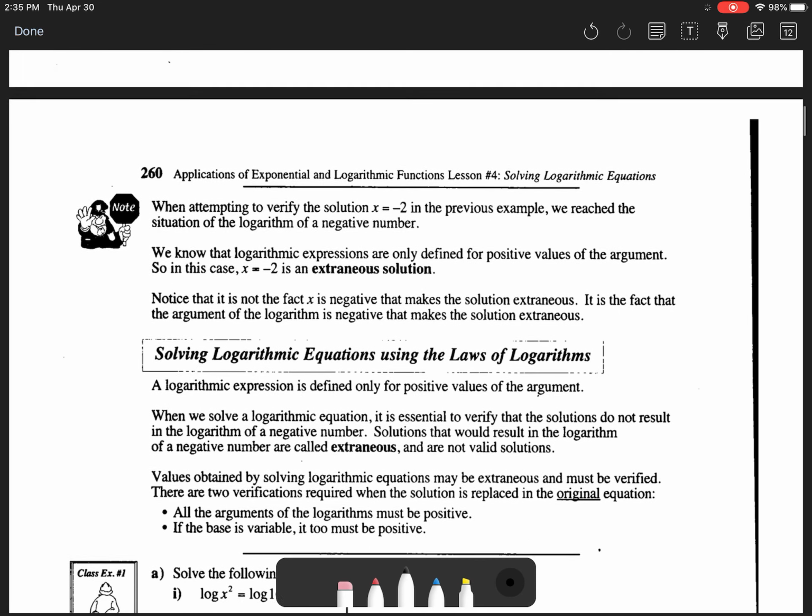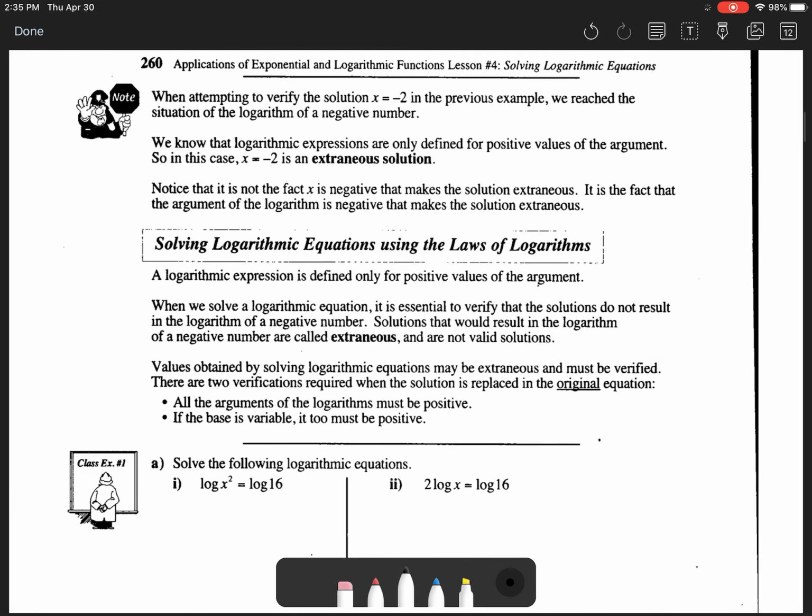Let's turn the page. It says, when attempting to verify the solution of x equaling -2 in that last example, we reach the log of a negative number. We know that log expressions are only defined when we have positive values of the argument, so you can highlight or underline that. So x equaling -2 was an extraneous solution.